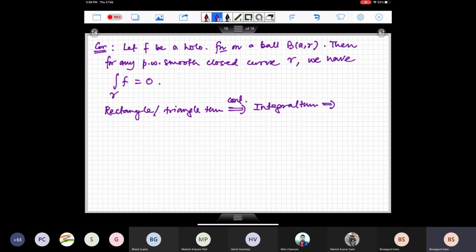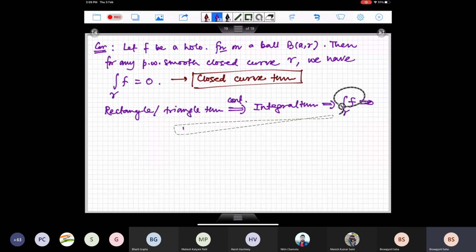So you will get the integral of f over gamma is equal to 0. Okay, so let me write down the name. This corollary is called the closed curve theorem. I think I had given the name of this section as closed curve theorem for holomorphic functions. So what I see eventually is that this integral theorem implies the closed curve theorem.